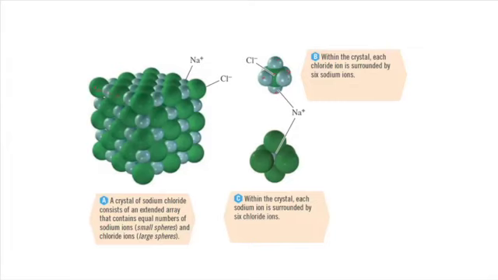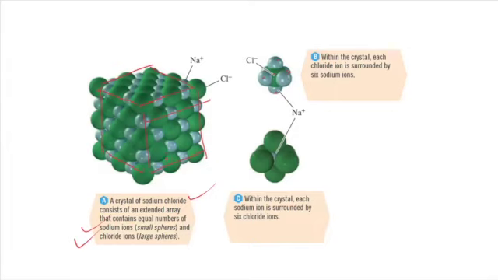And they form sort of a cubical structure like this, packed with each other, right? So each sodium chloride consists of an extended array of equal numbers of sodium and chloride ions, right?